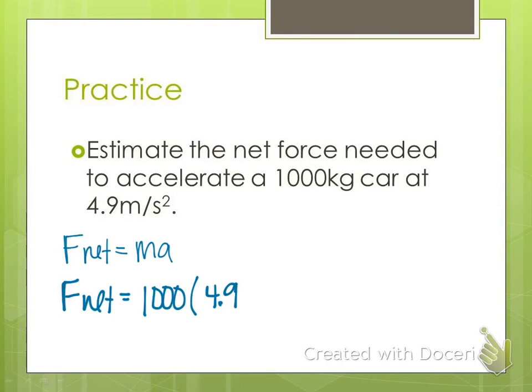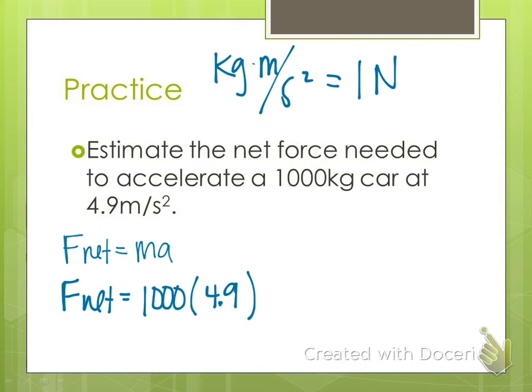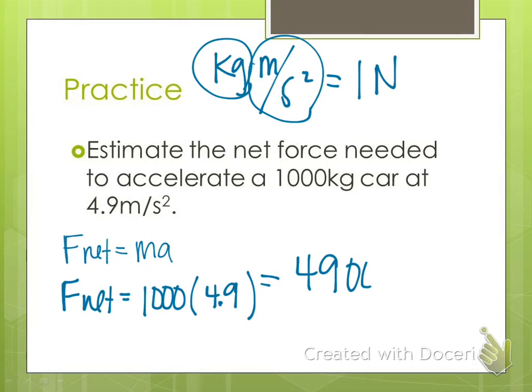Are our mass and our acceleration in the correct units? Yep, kilogram times meters per second squared is equal to 1 Newton. So our mass has to be in kilograms, our acceleration has to be in meters per second squared. That's the case here, so we're good to go. Which means our overall net force here is 4,900 newtons.